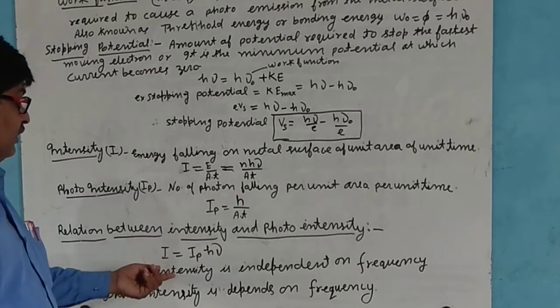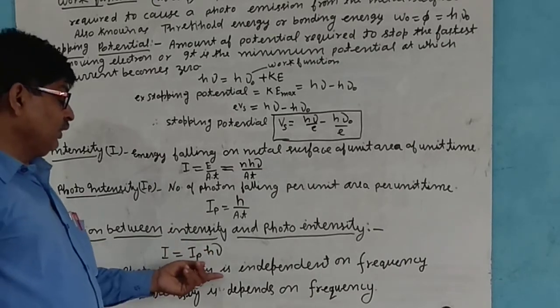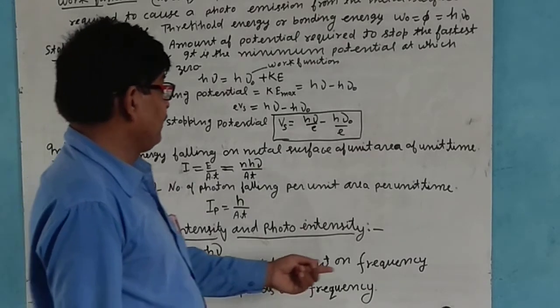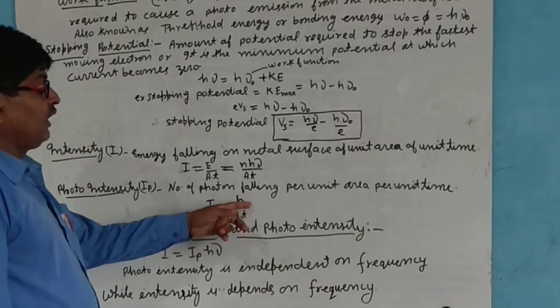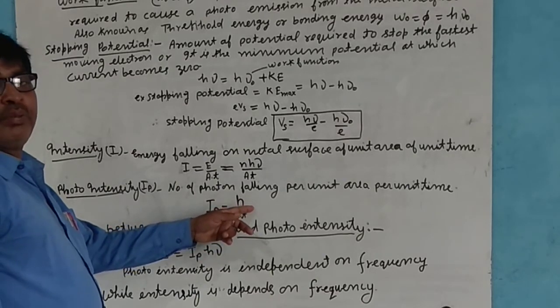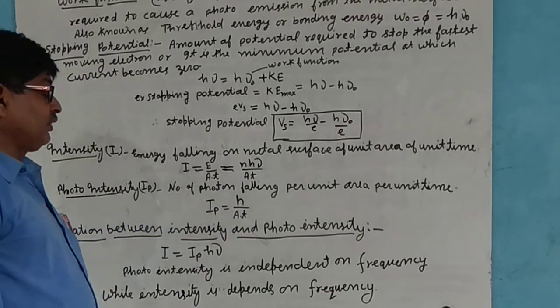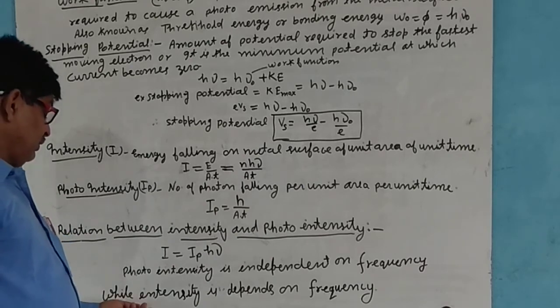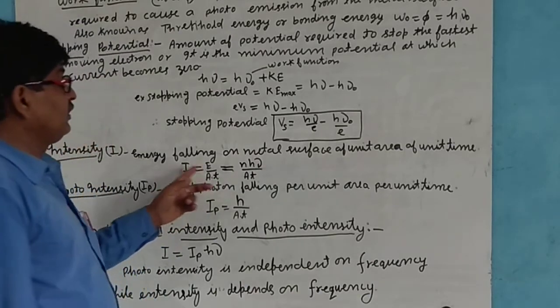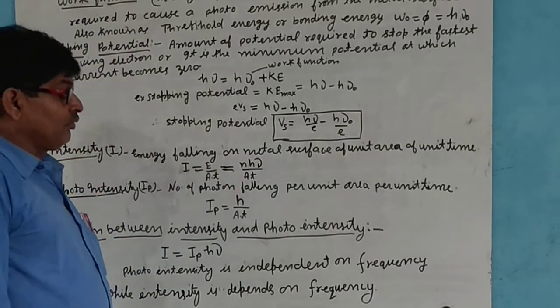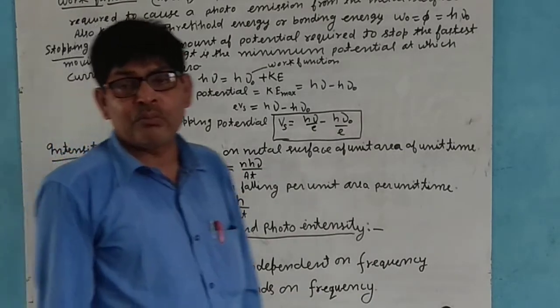Photon intensity is independent of the frequency, because frequency is not present in it, whereas intensity depends on the frequency, and so on.